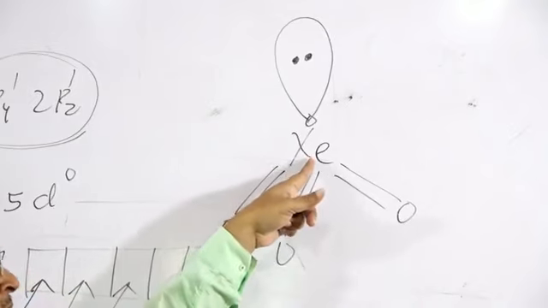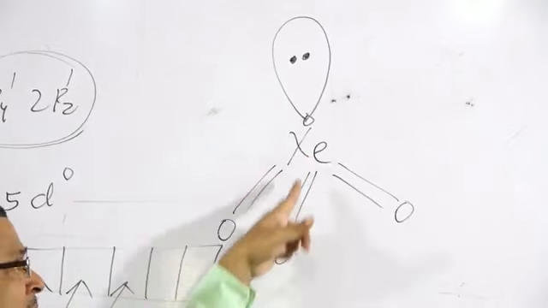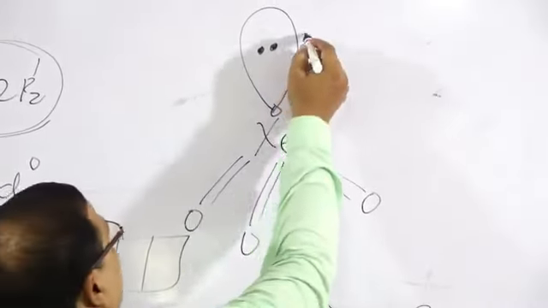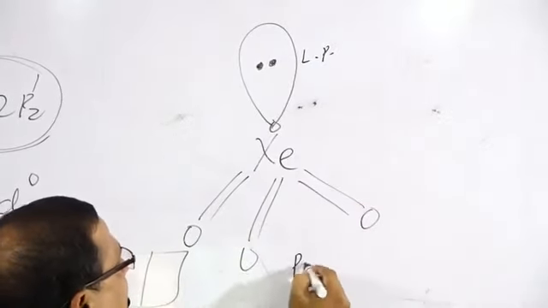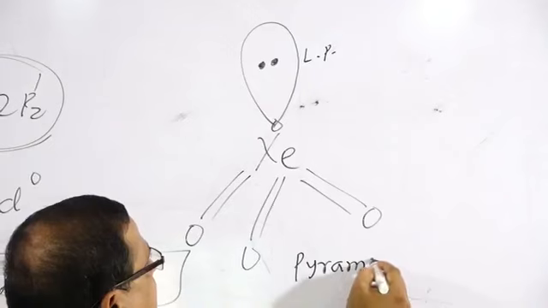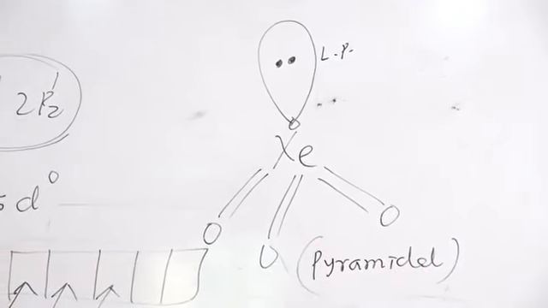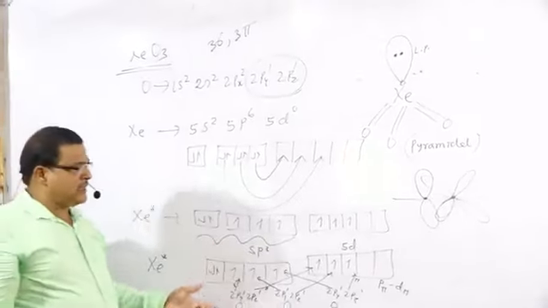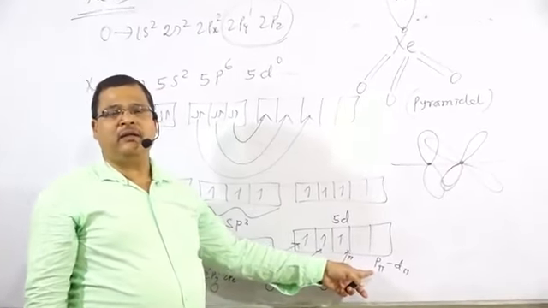So xenon at the center, xenon to oxygen double bond, double bond, double bond, and one lone pair of electrons. This is the lone pair, these are the bond pairs, and the shape is pyramidal, just like ammonia. The pi bond involved here is p pi d pi. What is the meaning of p pi d pi?